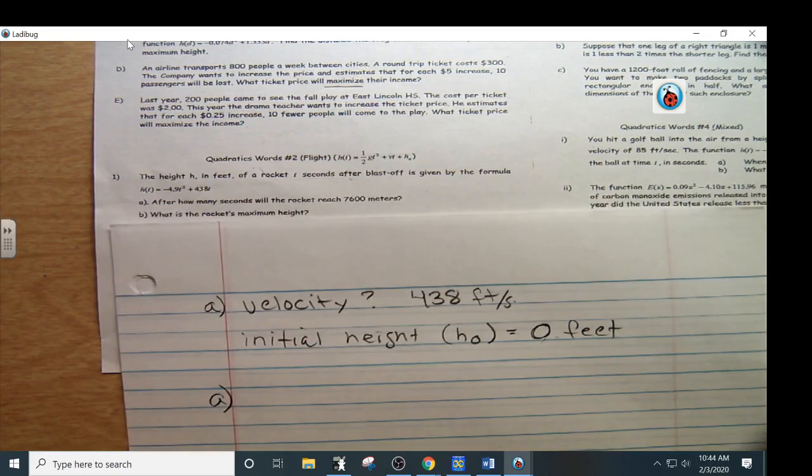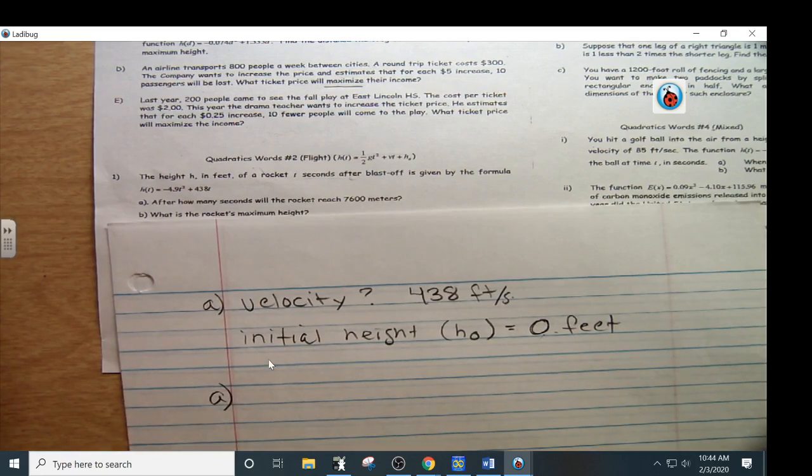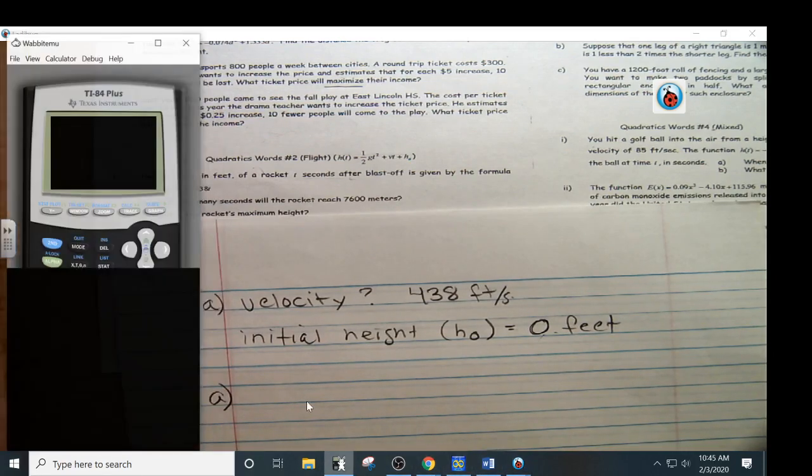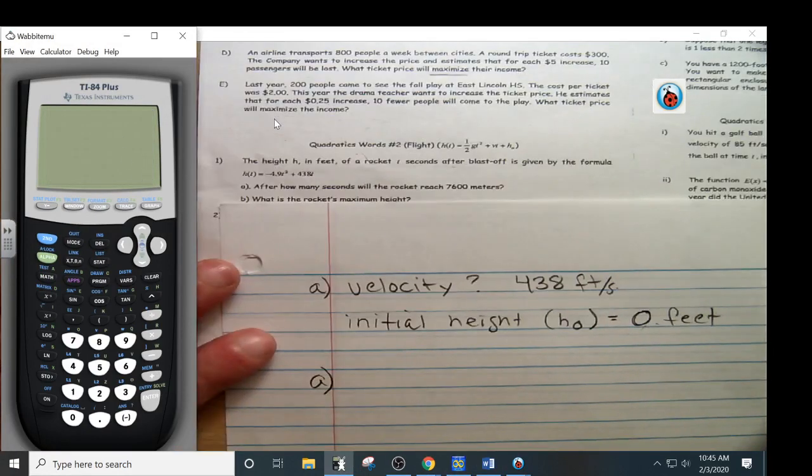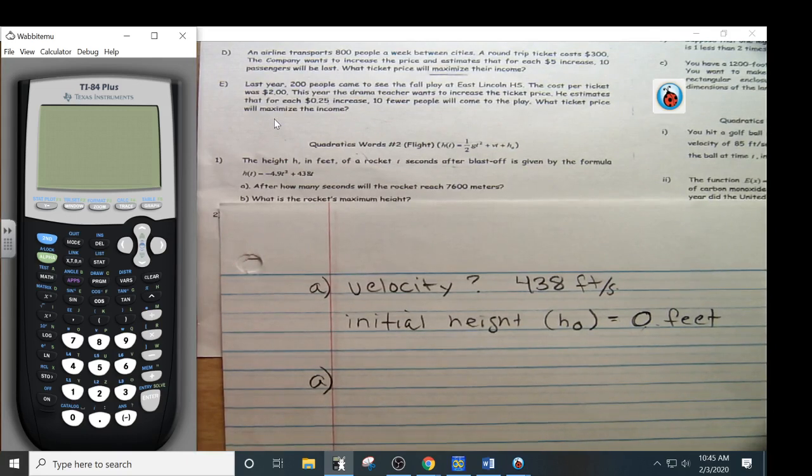All right, now. So here's what we're going to do. We're going to type our equation in here. Negative 4.9 x squared. Because, guys, you don't have a t on your calculator.